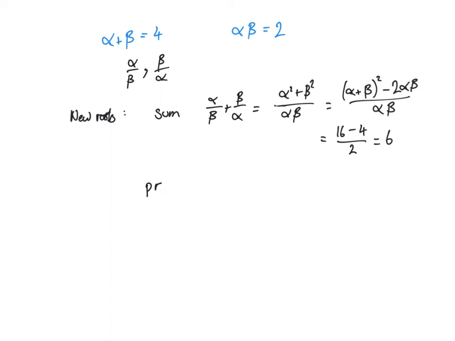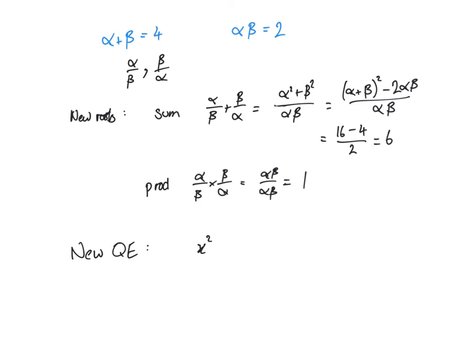Product is a wee bit easier because that's alpha over beta multiplied by beta over alpha, which is just alpha beta over alpha beta, which is 1. Okay, the product is 1. That's nice and straightforward, that one. And so our new quadratic equation is, well, x squared.